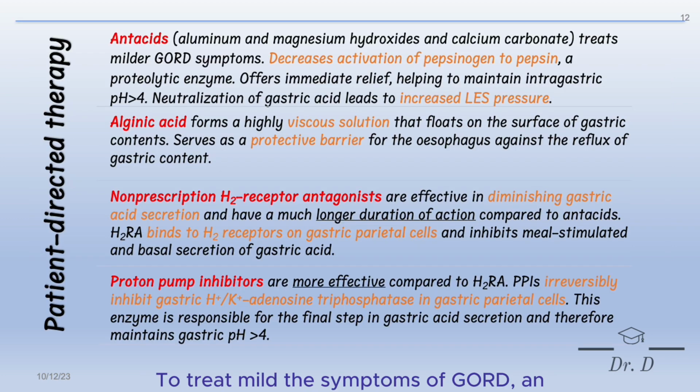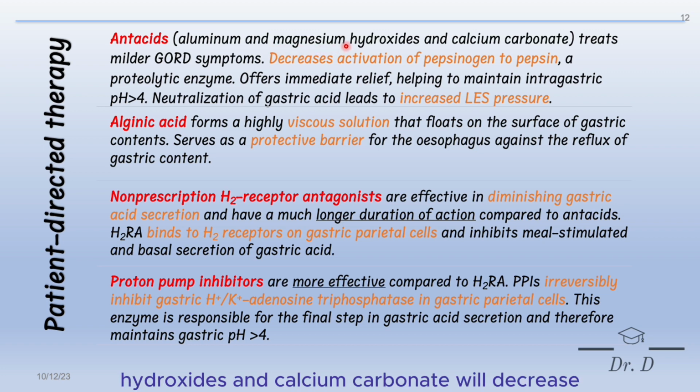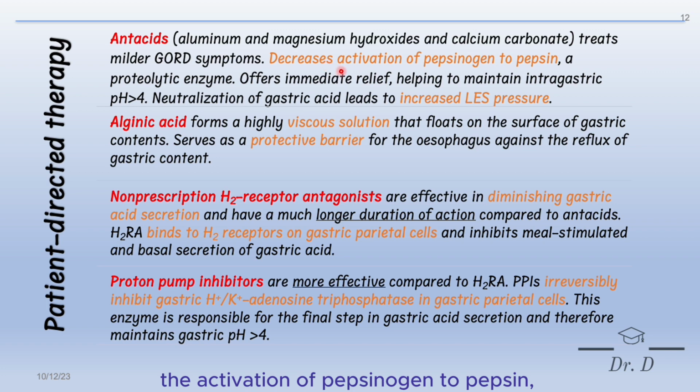To treat milder symptoms of GORD, an antacid might just provide sufficient relief. Agents including aluminium and magnesium hydroxides and calcium carbonate will decrease the activation of pepsinogen to pepsin, a proteolytic enzyme.